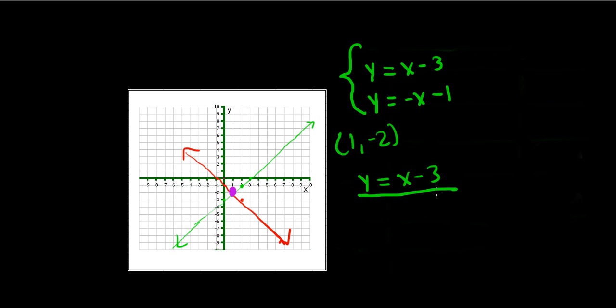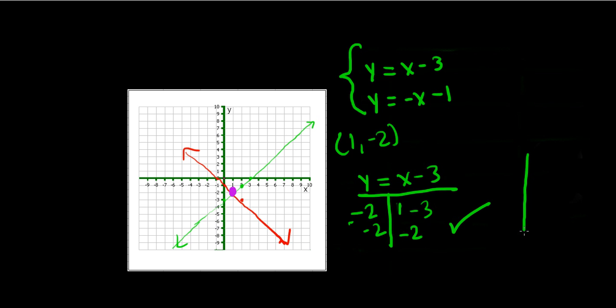So y, which would be negative 2, equals x, which is 1, minus 3. And when we solve 1 minus 3, we see that it equals negative 2, so the first equation works.